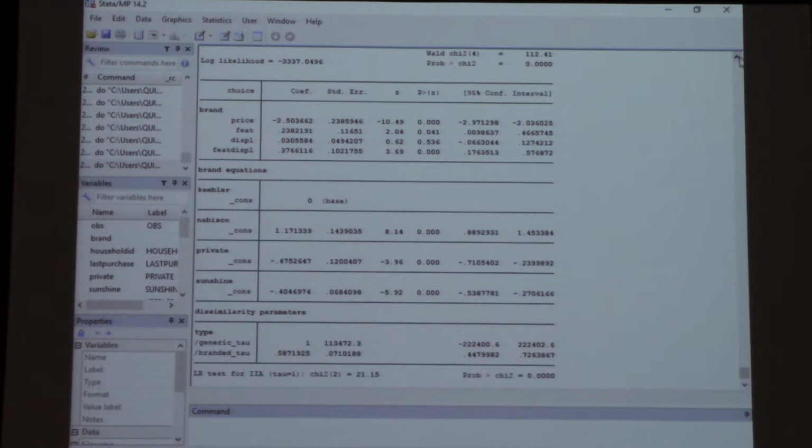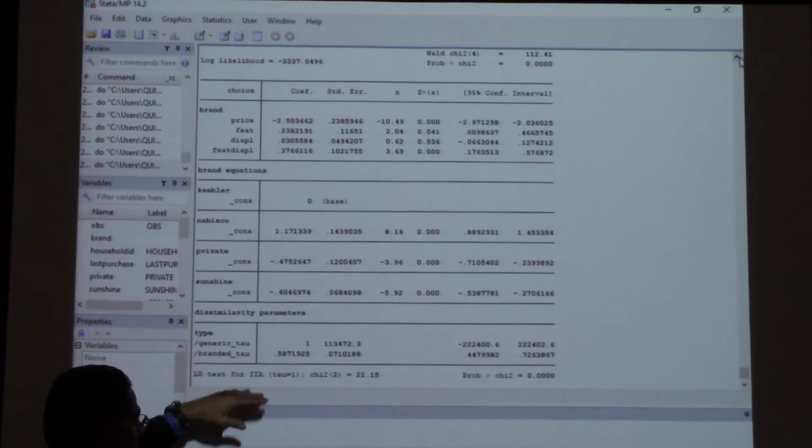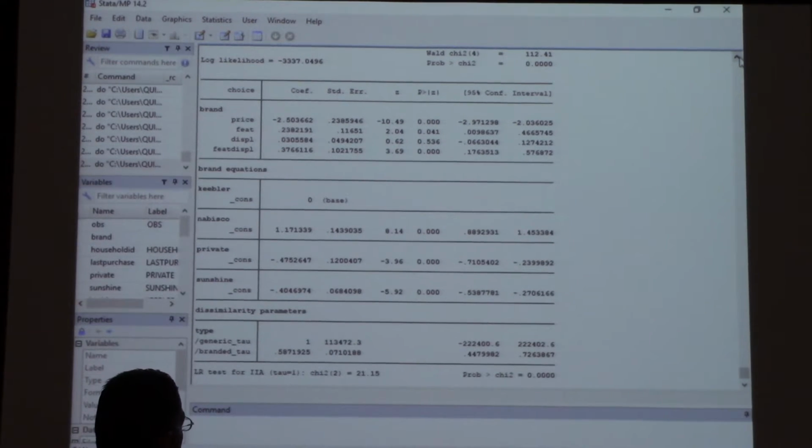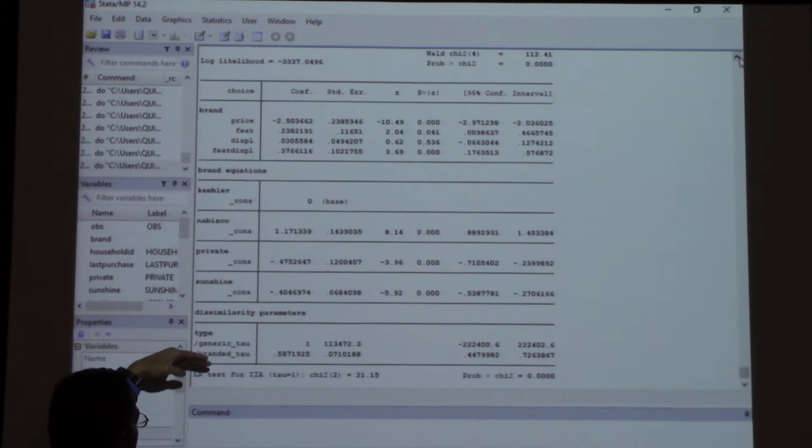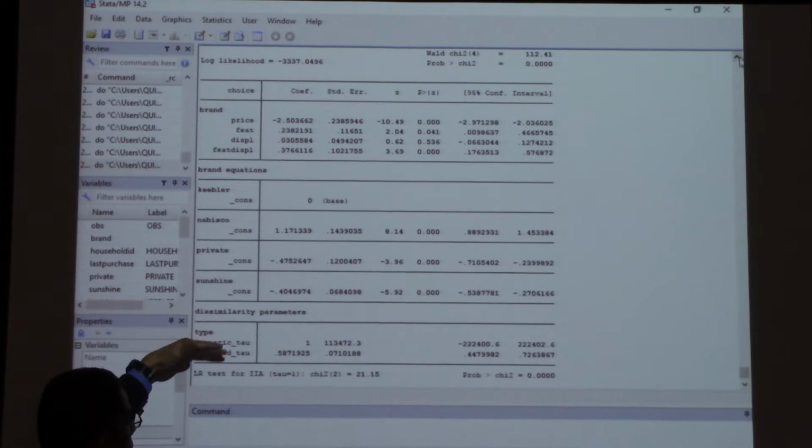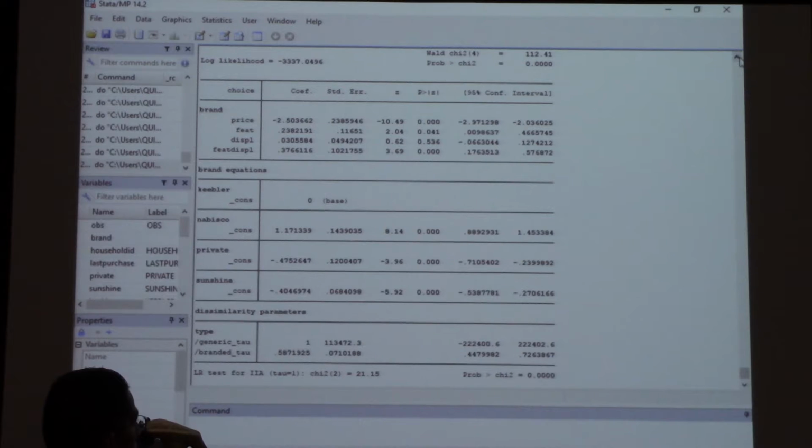Our dissimilarity index, remember that's an indication of how well we separated out our categories or nests. The null hypothesis here is that our dissimilarity index is equal to 1 for both of these categories.